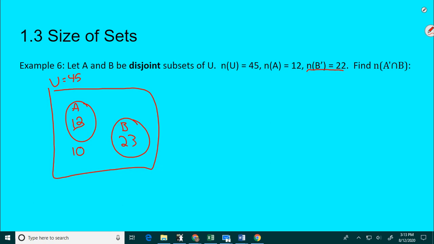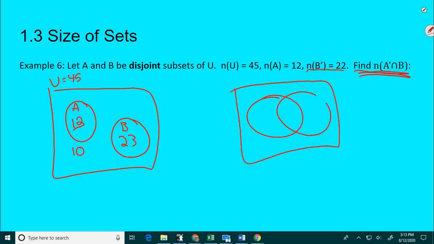Now we need to figure out my symbols. So not in A, intersect with B. You might remember what that is just from the last section. If you don't, okay, remember, easy way to do it: put a check mark everywhere you see A complement, so that's everything outside of A, so there and there.